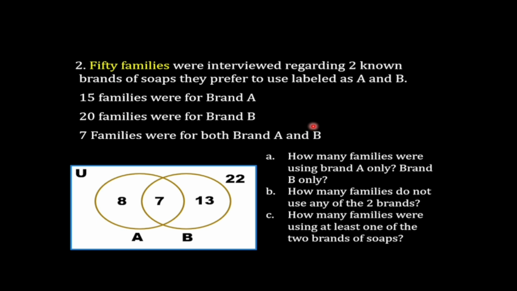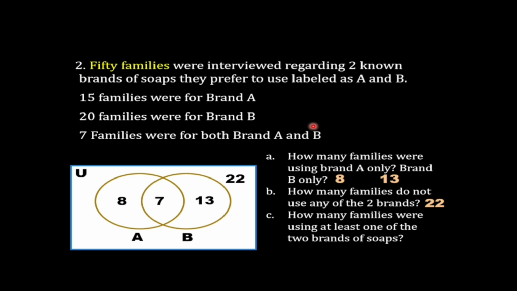How many families were using brand A only? Okay, the answer is 8. And for brand B only, the answer is 13. How many families do not use any of the 2 brands? The answer is 22. And question number or letter C, how many families were using at least one of the two brands of soap?